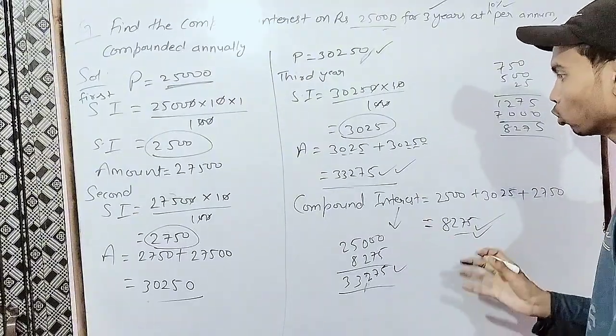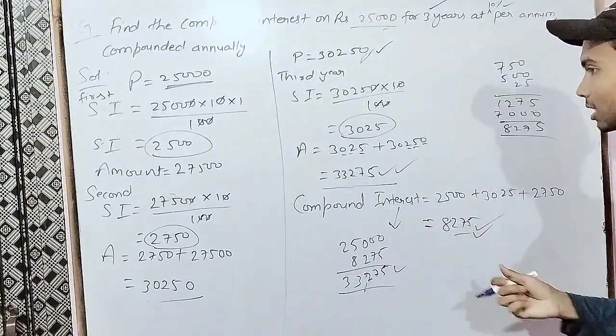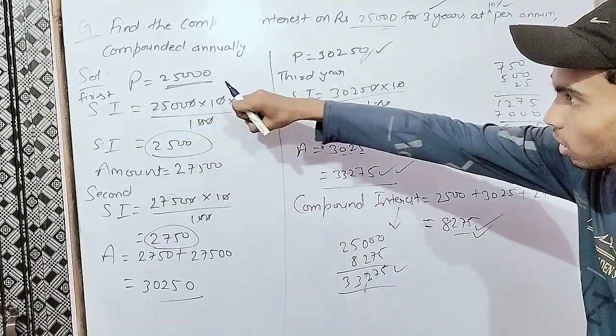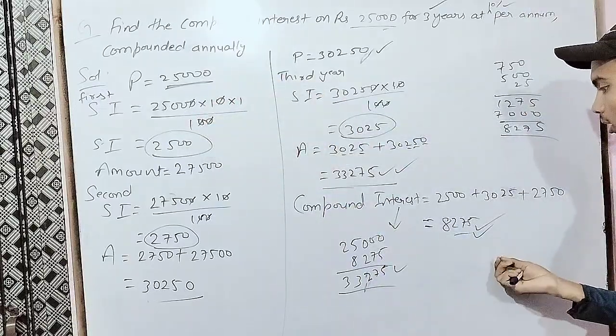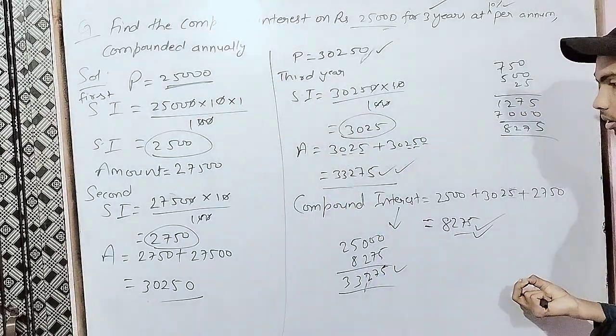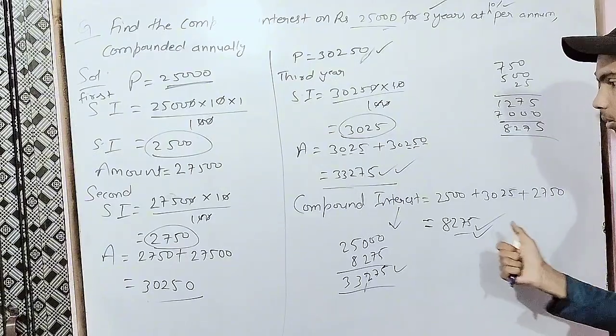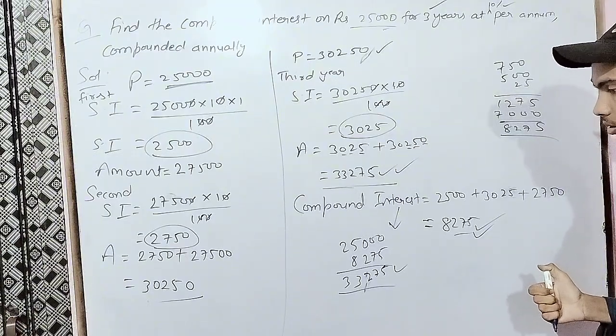Otherwise, if you want to know only the compound interest, then add all the simple interests that came. Then the compound interest will come.